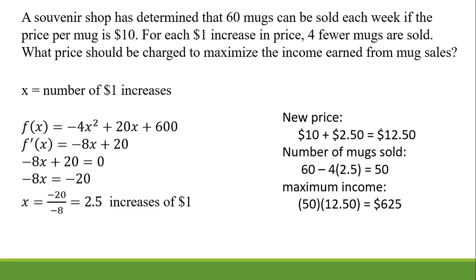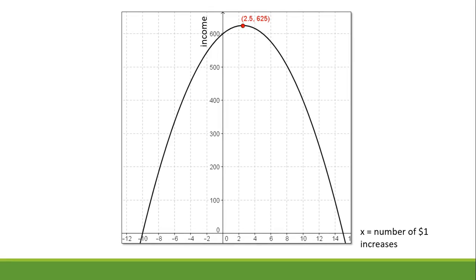Well, 50 mugs that are sold at $12.50 would mean we have an income of $625. Here's what a graph of that function would look like. Remember, x represented the number of $1 increases, and the y-axis is the income.